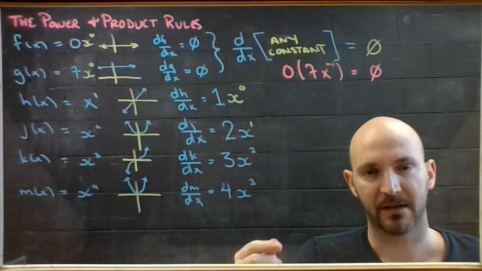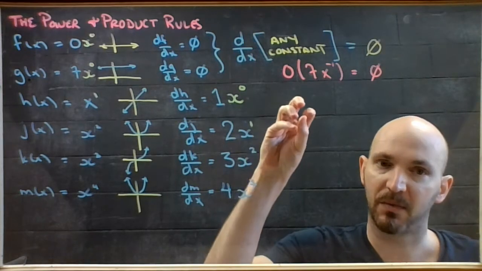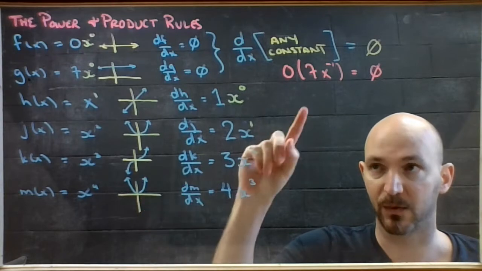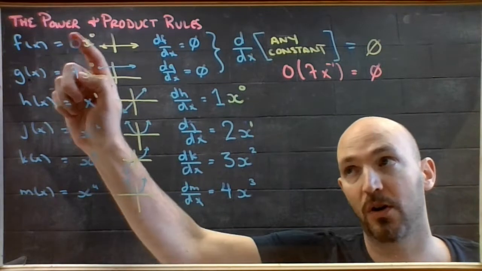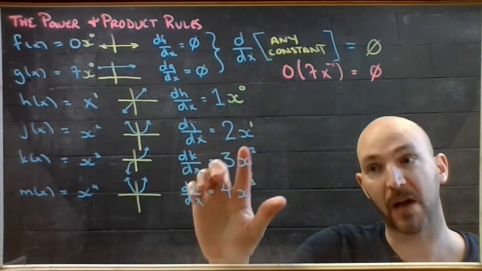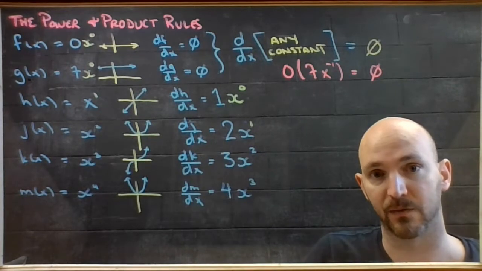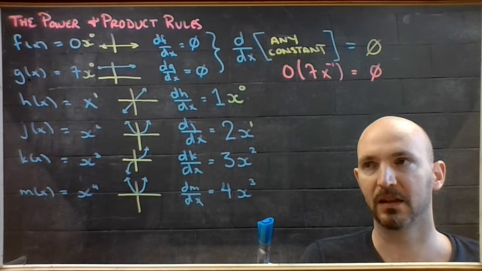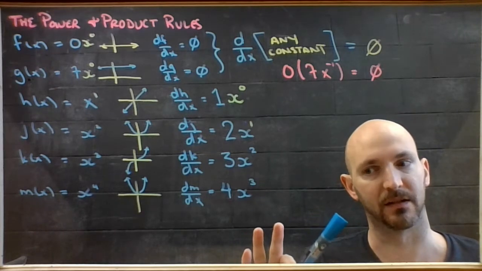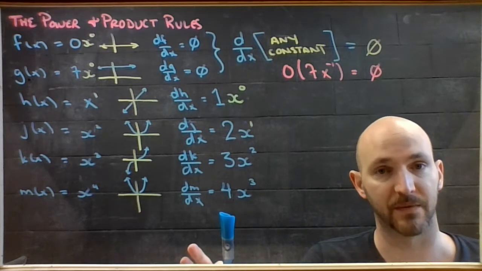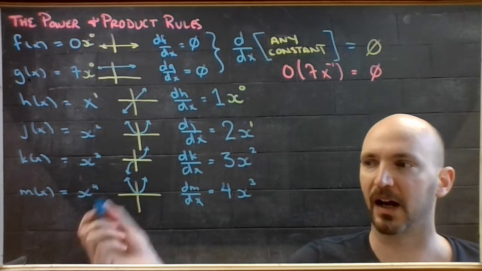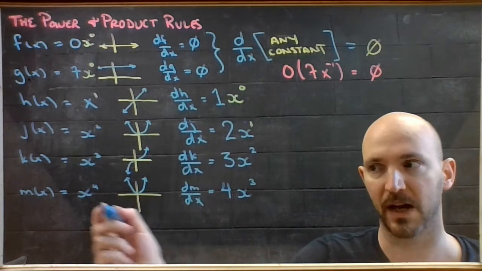So this pattern where you grab the exponent on your x and you write it in front and then reduce the exponent by 1 is called the power rule, right? You're taking the power on the x and you're dropping it in front. So without using the first principles derivative, or that limit as h goes to 0 thing, I can just try these using the pattern.